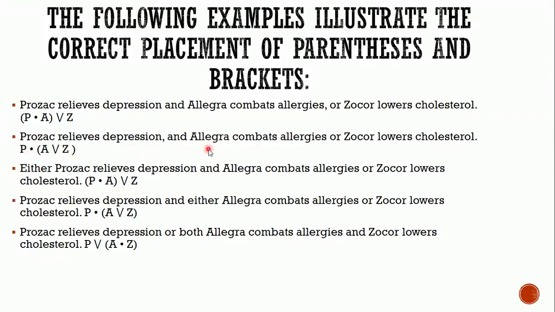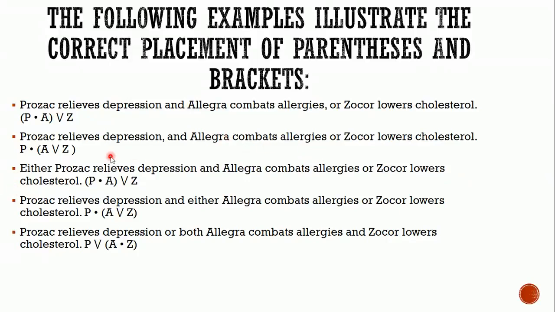That's our main operator. So Prozac relieves depression, P. Then we have and, Allegra combats allergies, or Zocor lowers cholesterol. All right. Either Prozac relieves depression and Allegra combats allergies, or Zocor lowers cholesterol.